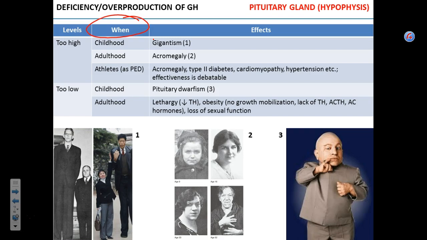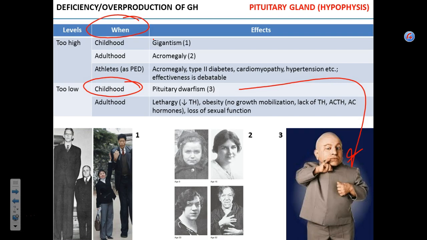So deficiency of growth hormone in the childhood leads to the condition known as pituitary dwarfism. This actor actually has pituitary dwarfism. At the time when the skeleton is developing and growing, lack of growth hormone stunts the growth.